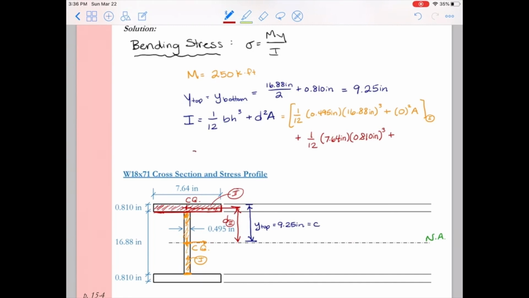D2 is just going to be half the height of the orange shape, 16.88 inches over 2, plus half the thickness of the red shape, 0.810 inches over 2. Sharpen your pencil and you'll get that D2 has to be 8.845 inches.